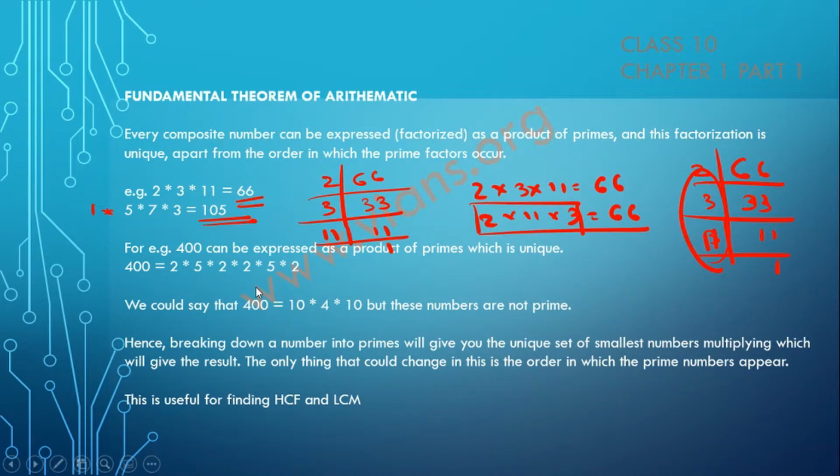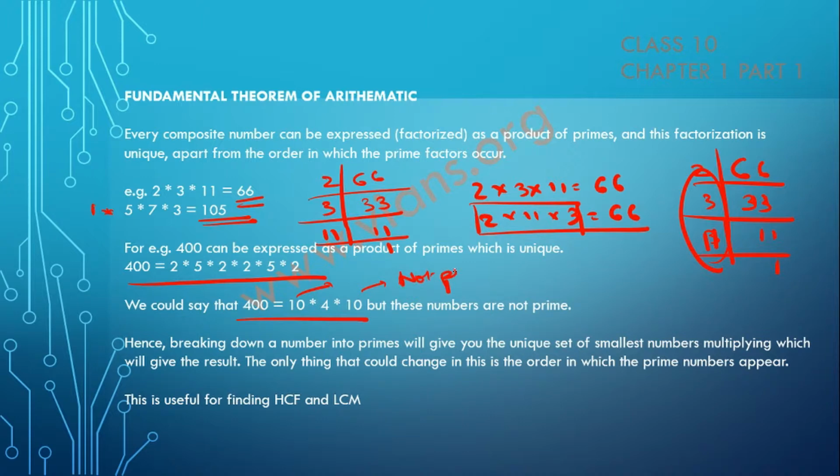Now we could always say, for example, that's what I was trying to explain over here. 400 can be written as this. You could also say 400 can be written as 10 into 4 into 10, but in that particular case, those 10s are not prime, right?